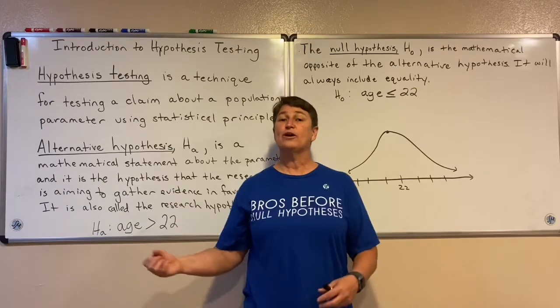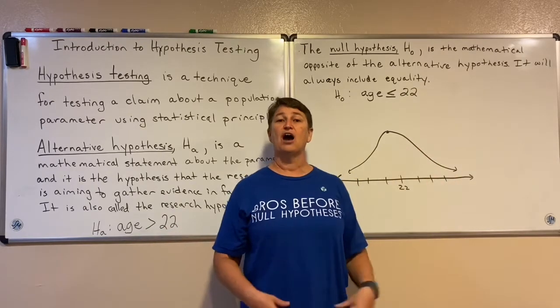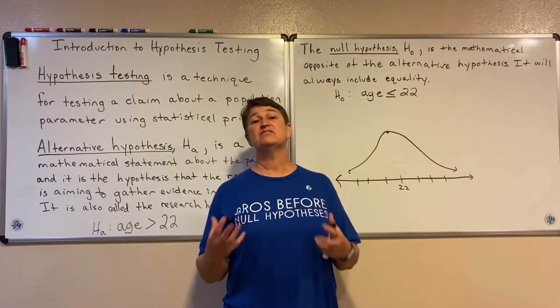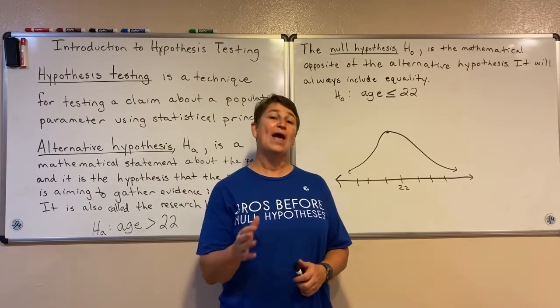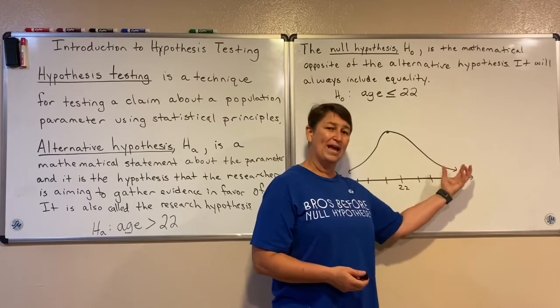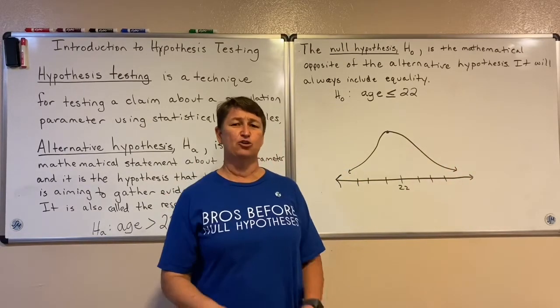So once we have found this alternative hypothesis and this null hypothesis, our next step is going to be to gather evidence to see, is our hypothesis true or not? And the way we're going to gather evidence is we're going to see, do we get some value way out there where we go, that's weird that I'm getting that value way out there.